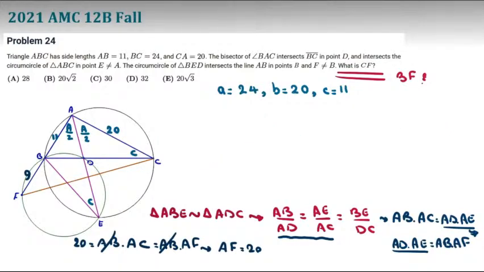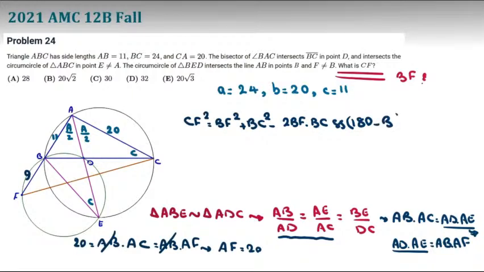Okay, analyzing the problem. So we know CF squared equals BF squared plus BC squared minus 2 times BF times BC times cos 180 minus B, by the cosine law in triangle BCF.